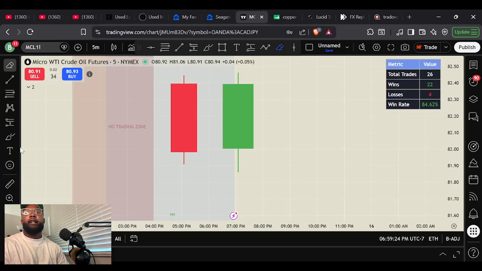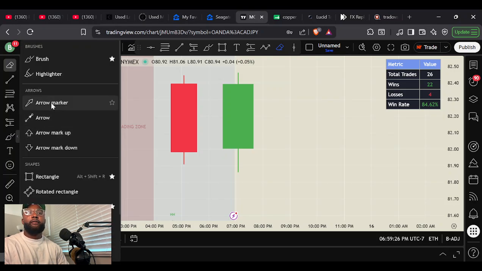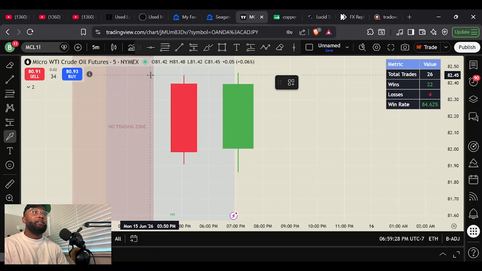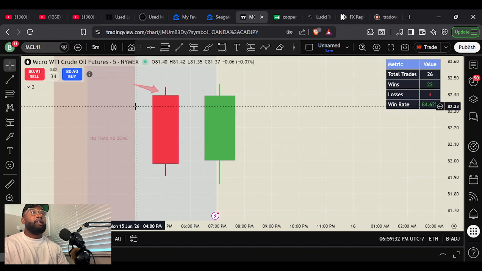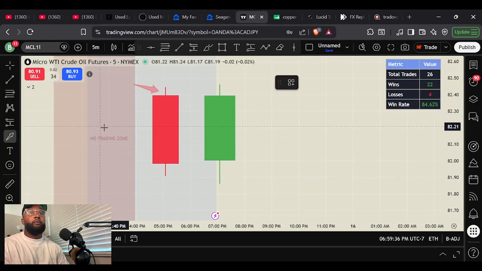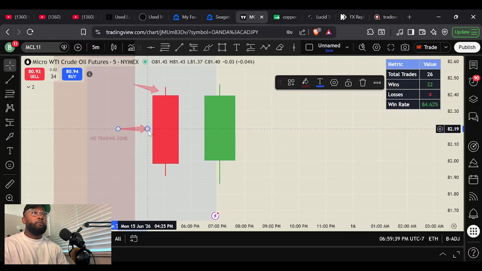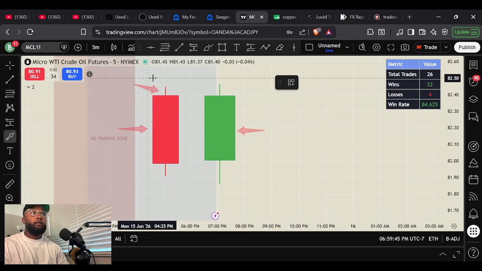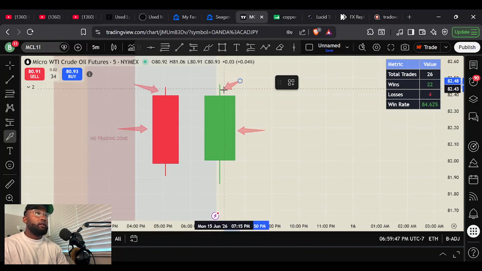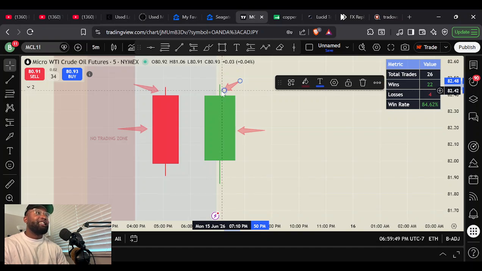Let's do it like, I'm pretty sure I have, okay, way better. Boom. That's the candle wick. Boom. Candle body. Boom. Candle wick. I mean, candle body, and this is the candle wick.